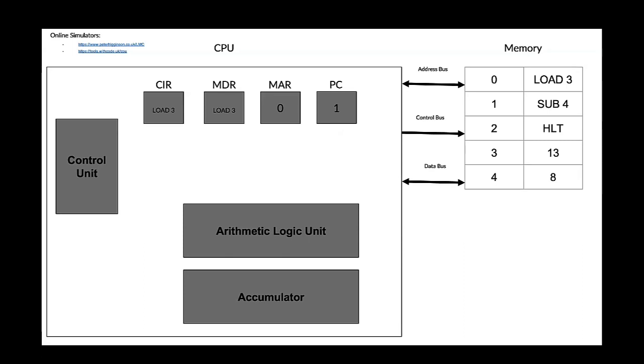The control unit decodes instructions like load 3, which means the instruction is load and the data that should be loaded is stored at address 3 of the memory. The value of address 3 of the memory will be sent to the accumulator.